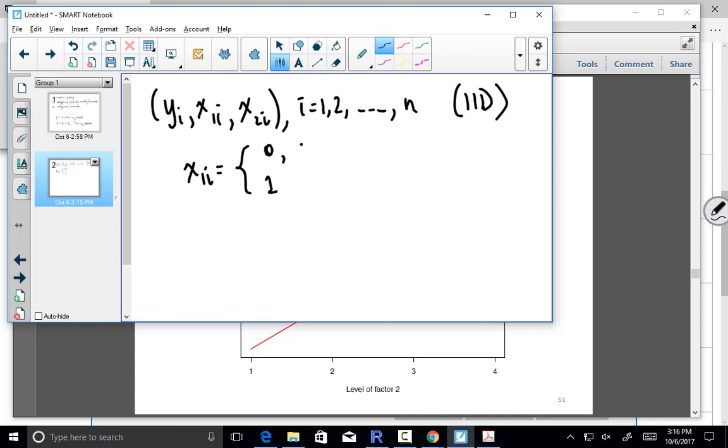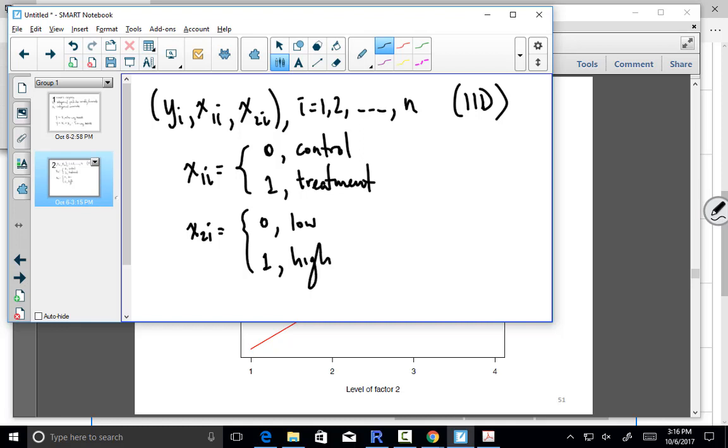Suppose it's 0 if you're given a control pill, and it's 1 if you're given an experimental treatment. And suppose that x2 is for dosage. So you either get a low dose or you get a high dose. I have two factors, two categorical predictor variables.